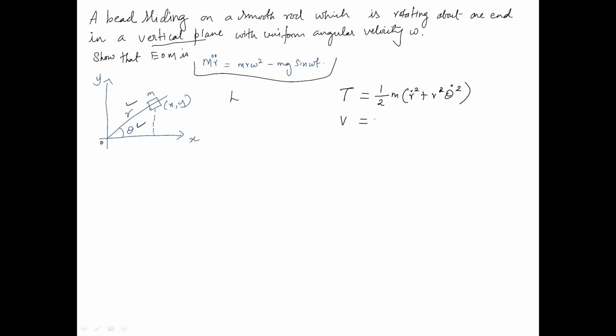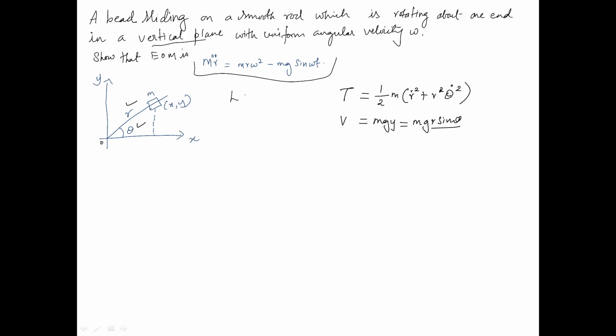Then we have the potential energy, which is mgy. The rod is in a vertical plane and the bead is sliding on a smooth rod, so we can write mgr sin theta, since y is r sin theta.